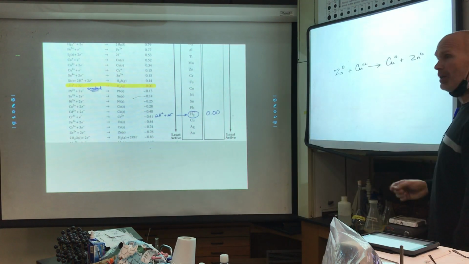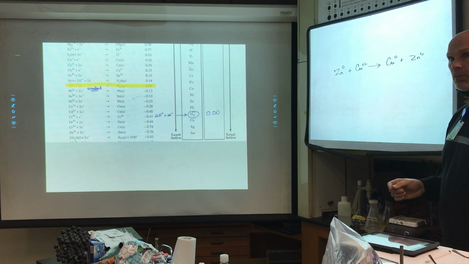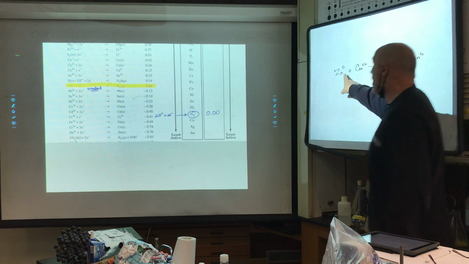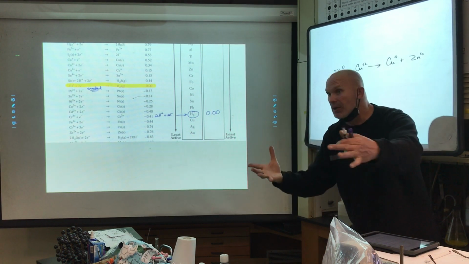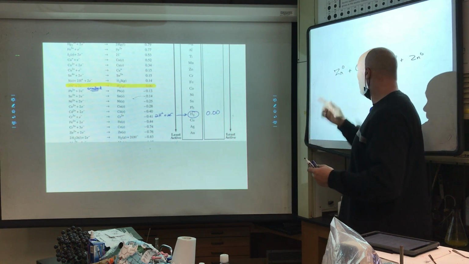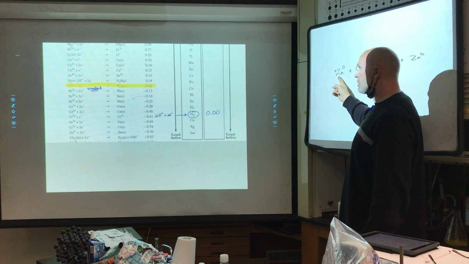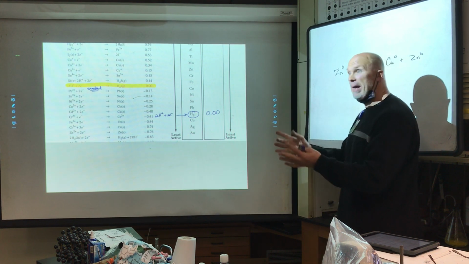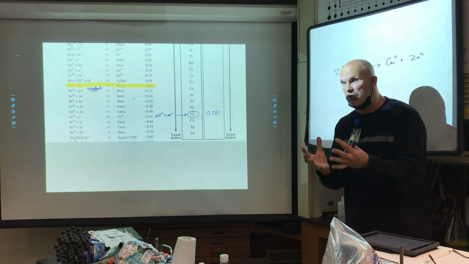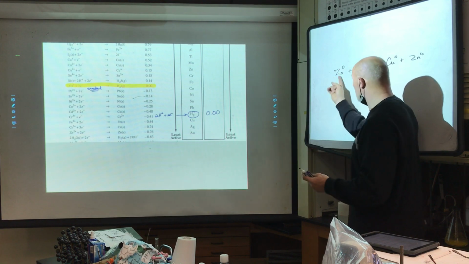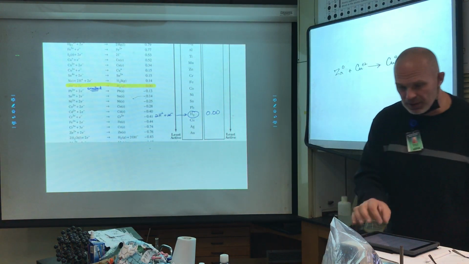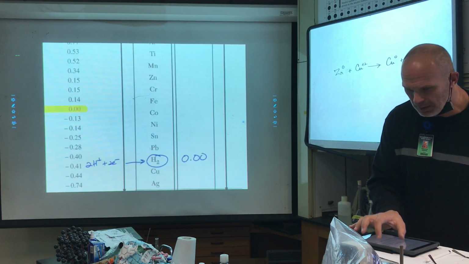Well, who's oxidizing here? The zinc 0. Only metals who are 0 can oxidize. The zinc metals that are 0 can only oxidize, they don't become negative. All metals become positively charged. They all lose their negatives. So the zinc is going to oxidize. So on this silly table, where's my zinc?